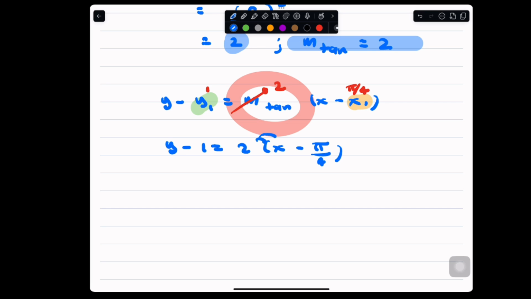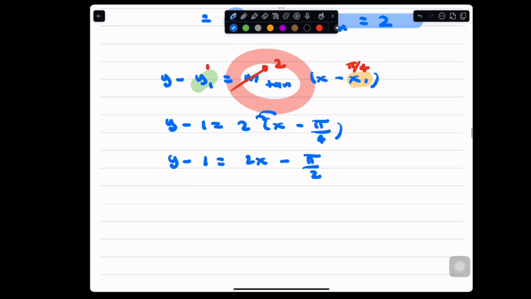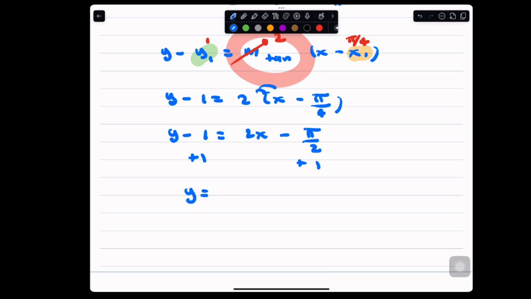I could distribute the 2, and I get 2x minus really pi over 2. And so I can add my 1. You get y is 2x plus 1 minus pi over 2. I'm going to write that down. This is our tangent now.